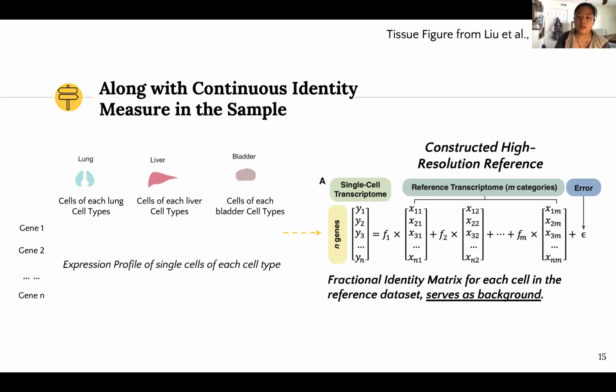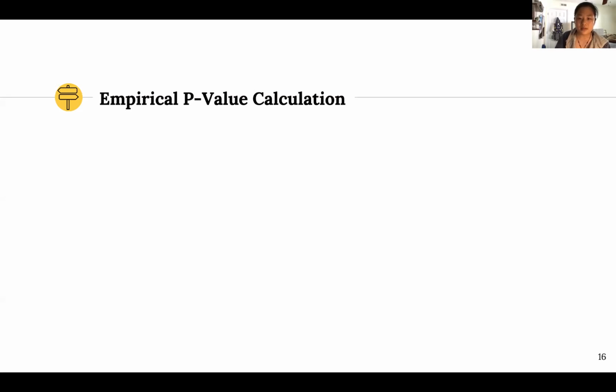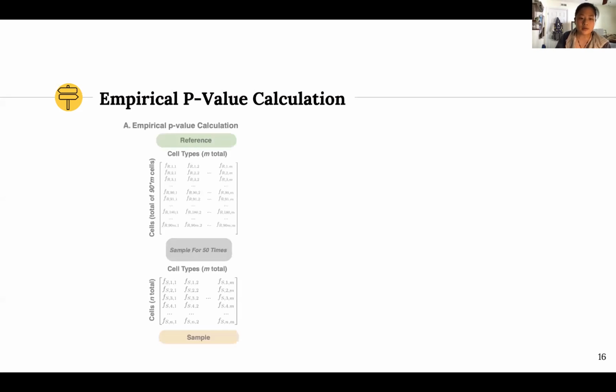classification. Based on this background, we will further perform empirical p-value calculation. On the top here, we have the fractional identity that we observed from the background. On the bottom here, we have the fractional identity we obtained for the sample RNA-seq data.